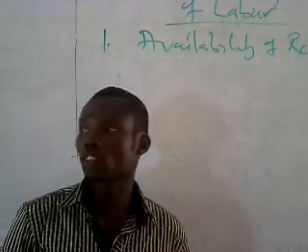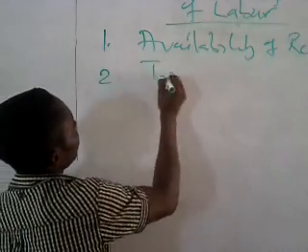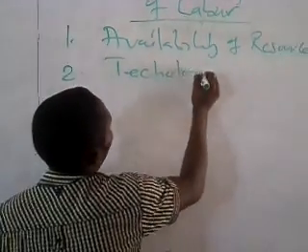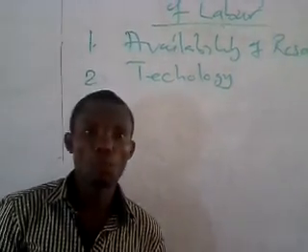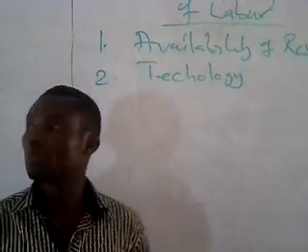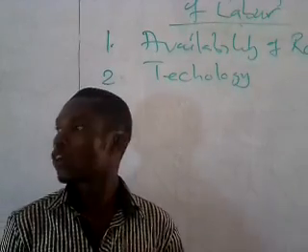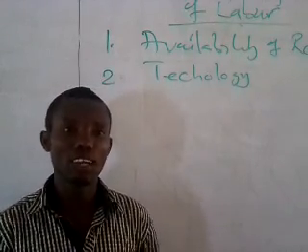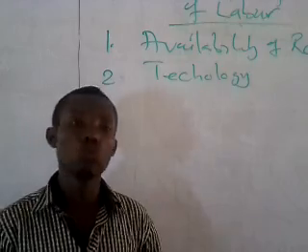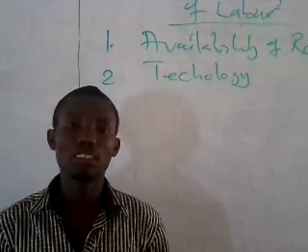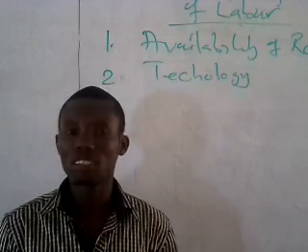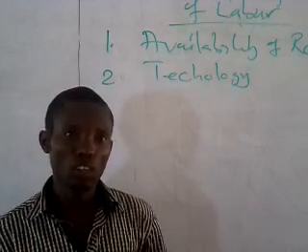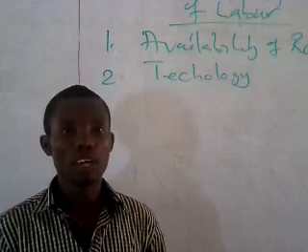The next one is technology. Technology refers to the method or process that are used in production. It can also refer to all those machineries, equipment, tools that aid production to increase. So lack of technology will decrease productivity. Availability of technology will increase productivity.